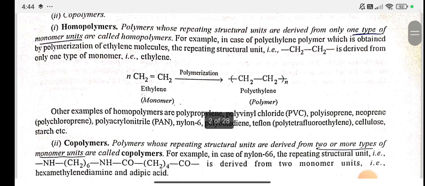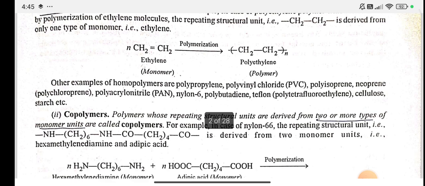For example, in case of polythene polymer, which is obtained by the polymerization of ethylene molecules, the repeating structural units CH2-CH2 are derived from one type of monomer, that is ethylene, shown by the reaction n CH2=CH2, ethylene, a monomer, on polymerization gives polythene, a polymer.